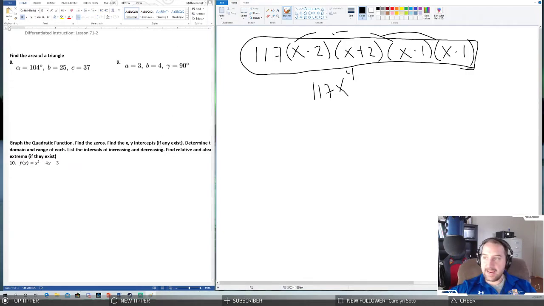Okay, for number 8, it says find the area of the triangle. So for these, I'm going to pull out that lesson so you can take a look at it. If you guys remember, we went over different applications with the area of the triangle.